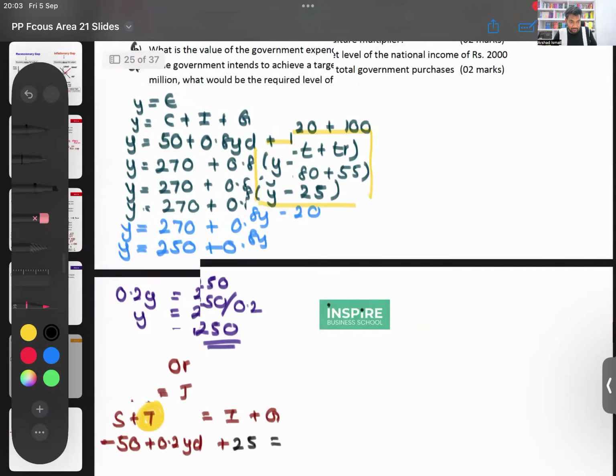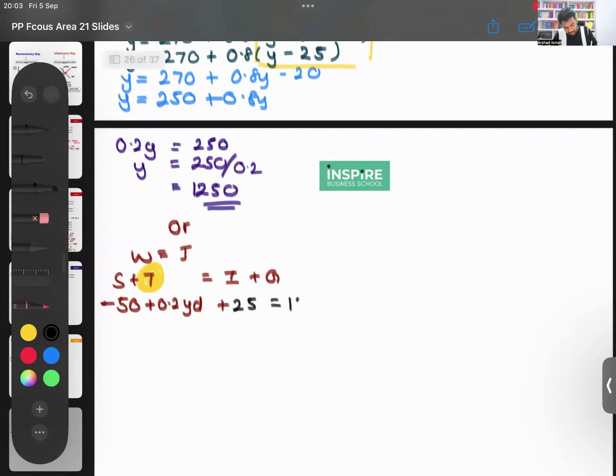Government spending is 100. Now you have to simplify this. Here also minus 50 plus 25, that is minus 25. And for this one, YD is Y minus taxes plus transfers, equals 220.